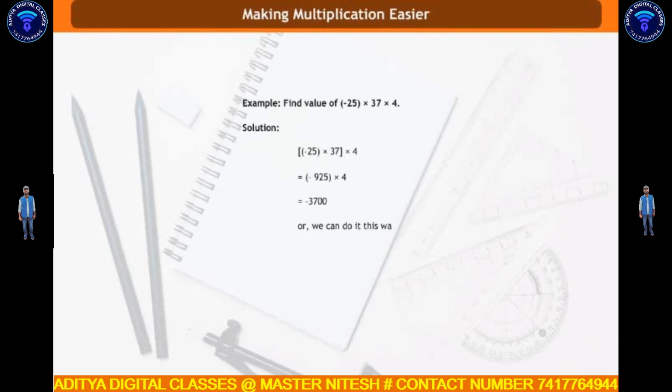Or we can do it this way. -25 into 37 into 4 is equal to -25 into 4 into 37 is equal to -100 into 37, which makes it -3700. We get -3700, which is the easier way. Obviously, the second way is easier because multiplication of -25 and 4 gives -100, which is easier to multiply with 37.